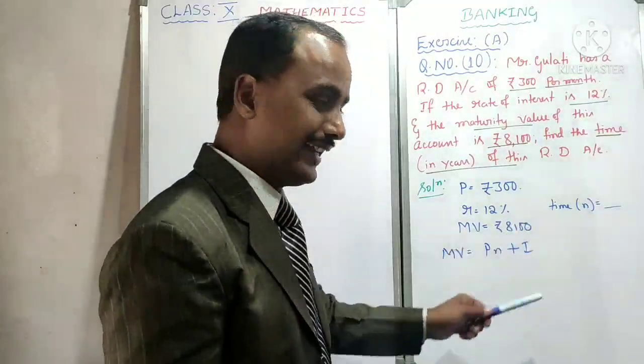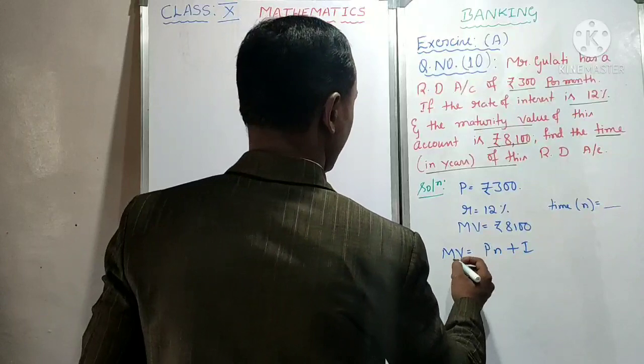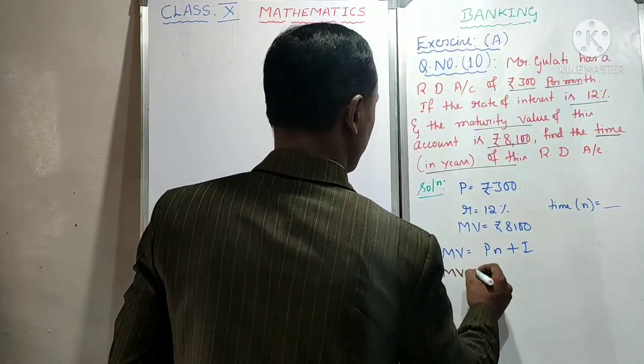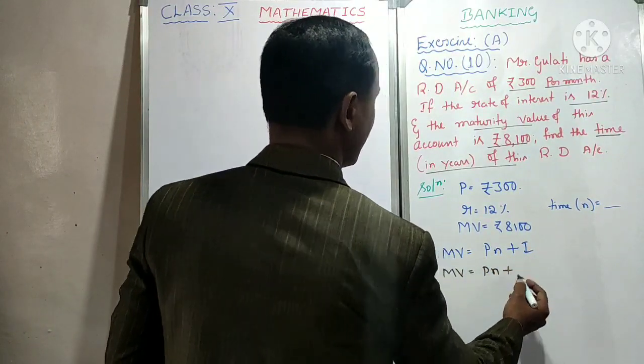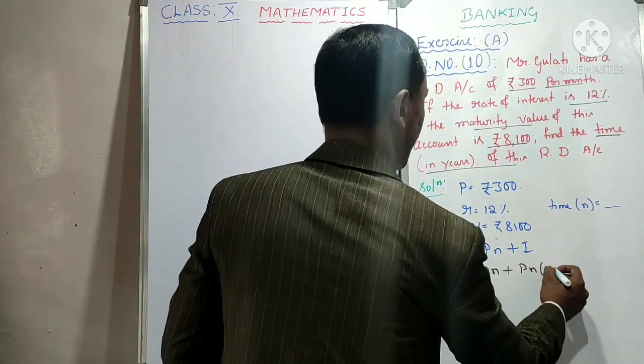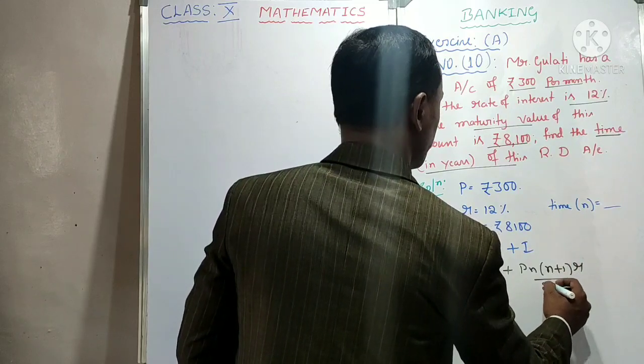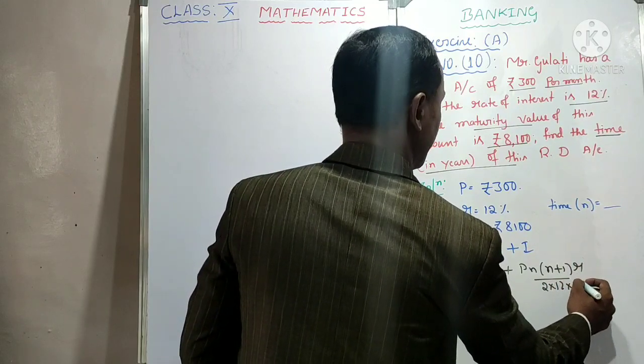That formula I will write directly here: Pn plus P times n(n plus 1) times R, whole divided by 2 into 12 into 100.